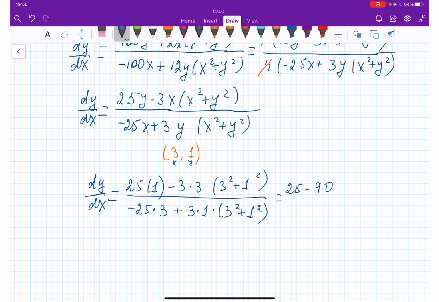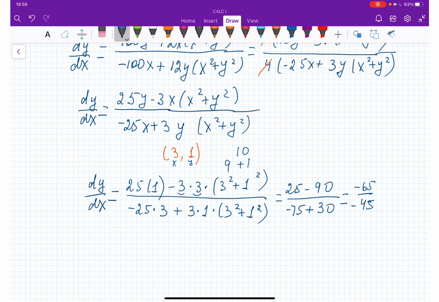Yes, what do we have here? 3 squared is 9 plus 1 squared is 1, 10. 3 times 3 is 9, 9 times 10 is 90. Similar way, we get negative 75 plus 30, and the result is going to be negative 65 over negative 45.